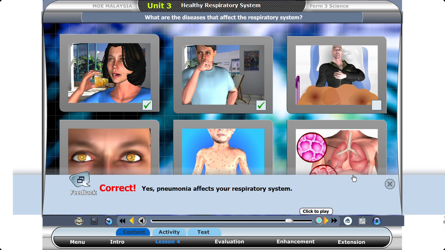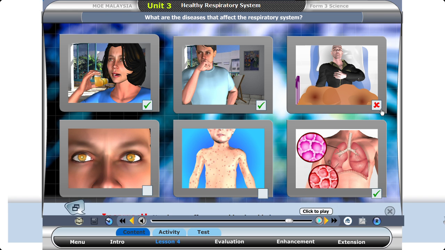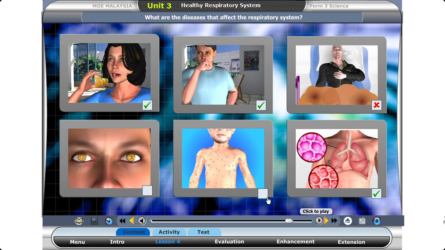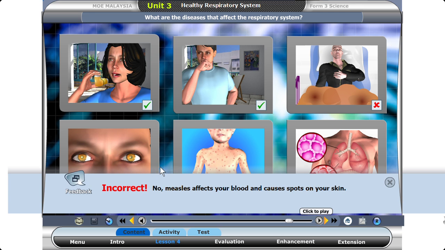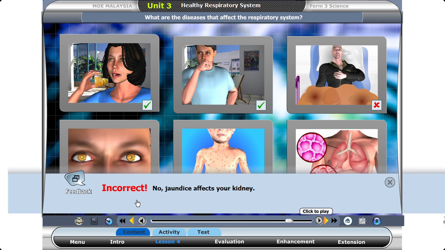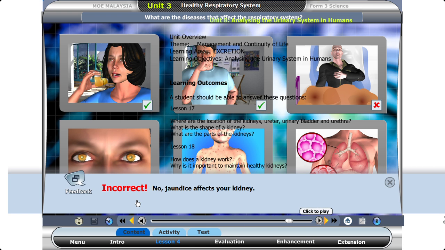Yes, pneumonia affects your respiratory system. No, dengue affects your blood and kidneys. No, measles affects your blood and causes spots on your skin. No, jaundice affects your kidneys.